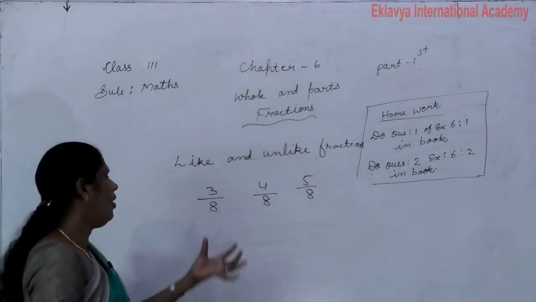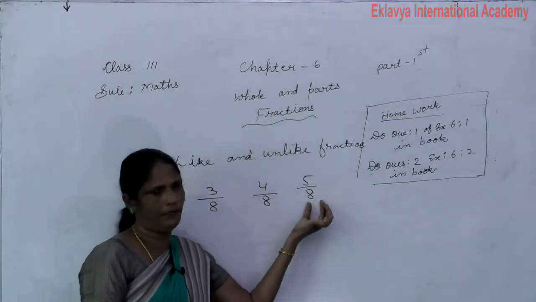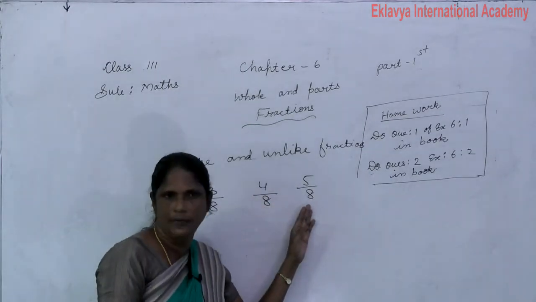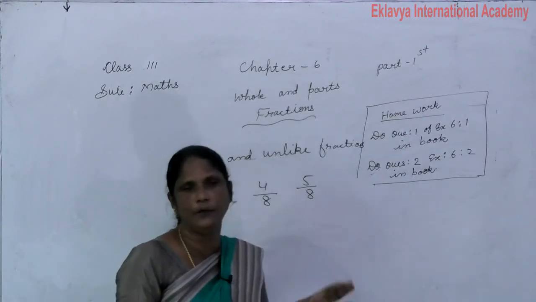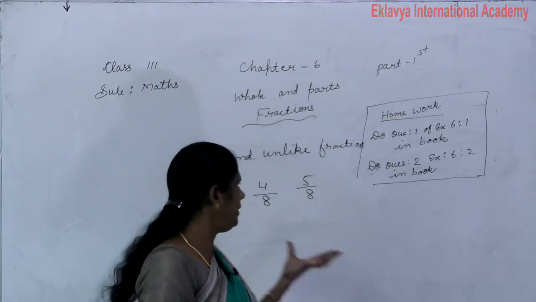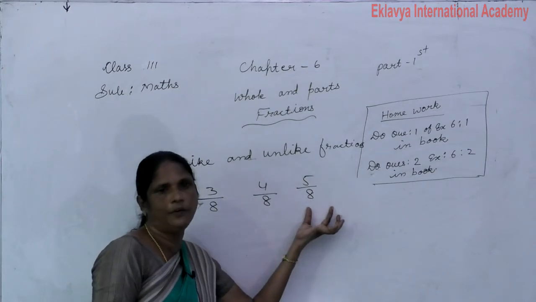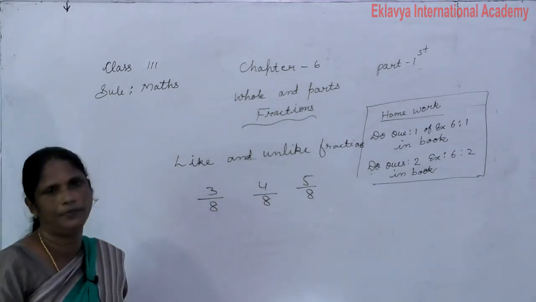Here all the denominators are the same. That fraction is called a like fraction. When the denominators are the same, that fraction is called a like fraction.